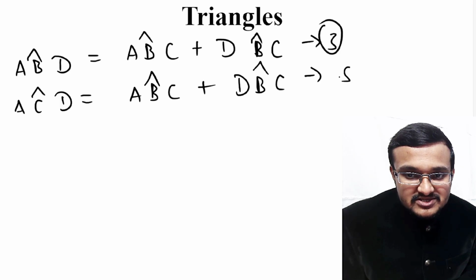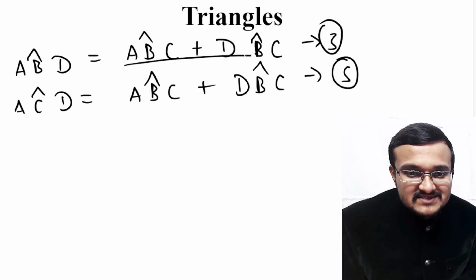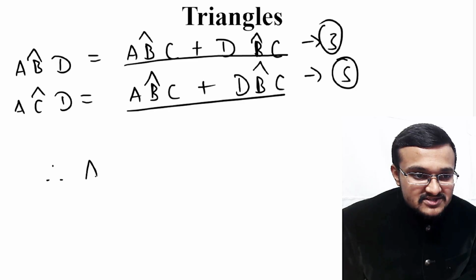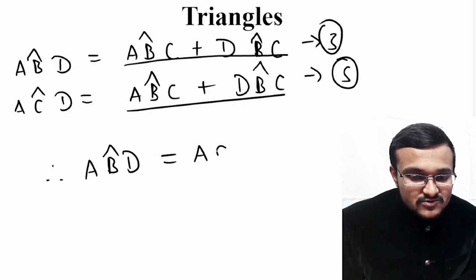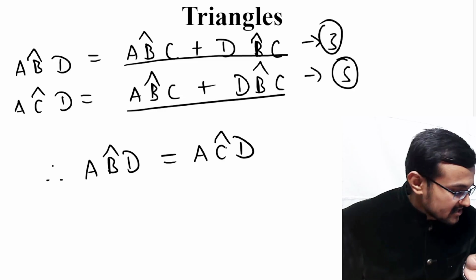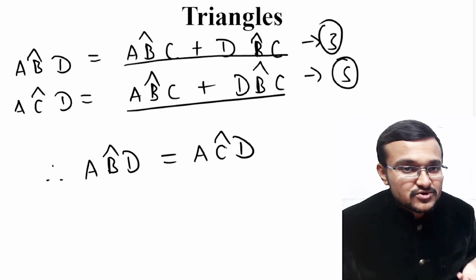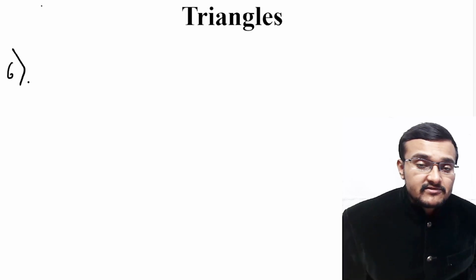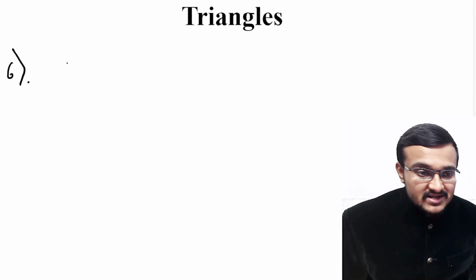Here you can clearly see the RHS are equal to each other, so therefore the LHS should be equal to each other. Therefore ABD is equal to ACD. In the question they have asked us to prove ABD is equal to ACD, and we have proved that. Now we will look into the sixth question in this exercise.